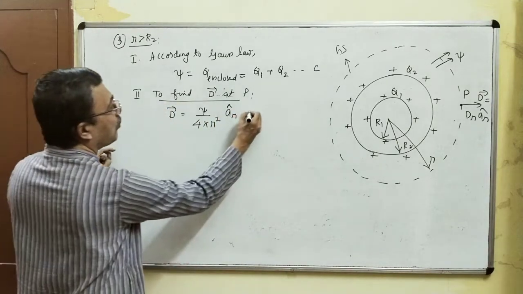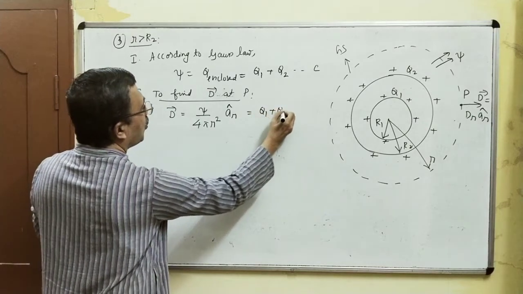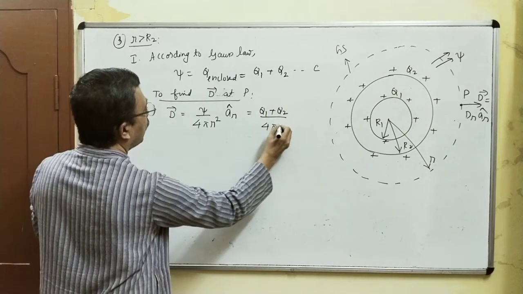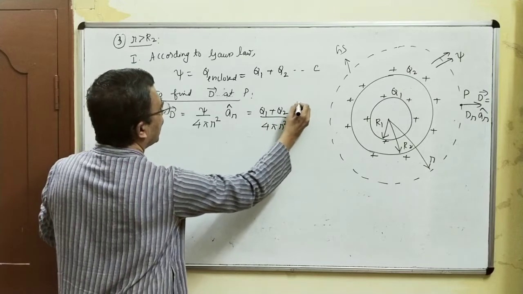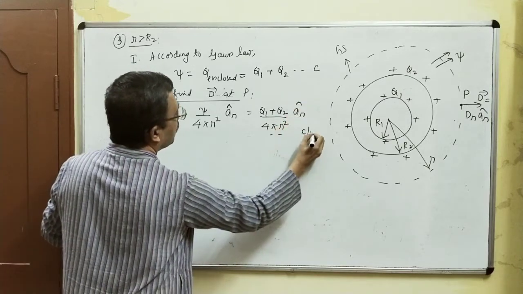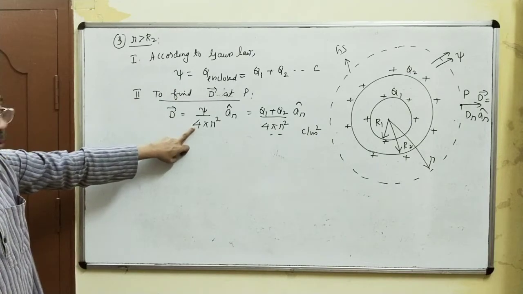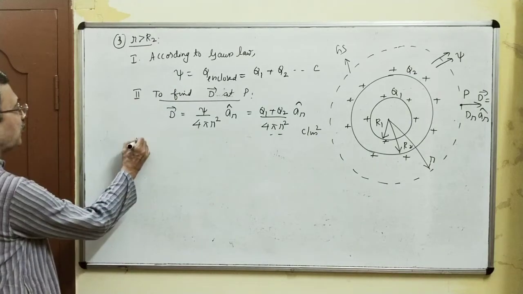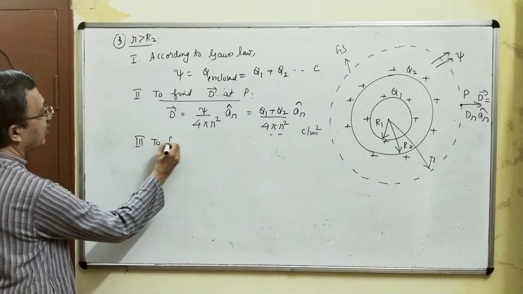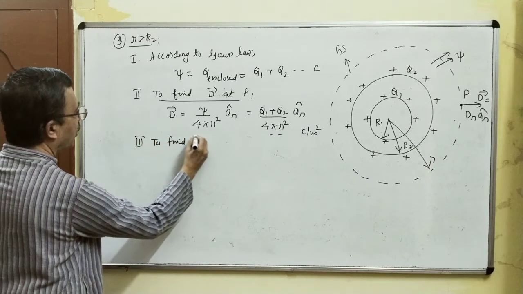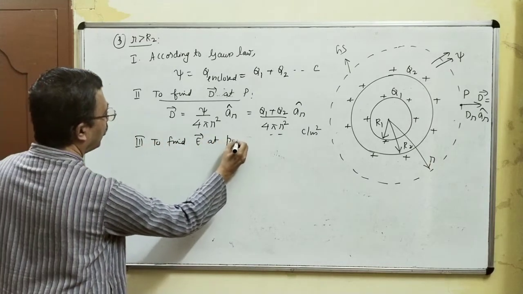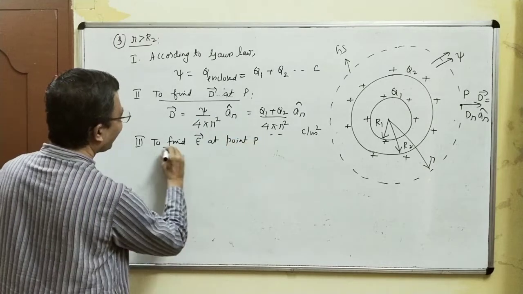Here psi is Q1 plus Q2. So Q1 plus Q2 divided by 4 pi r square into ar cap, so many coulombs per meter square. For this expression, refer to case 2, step number 2. Step number 3, to find vector E at point P.